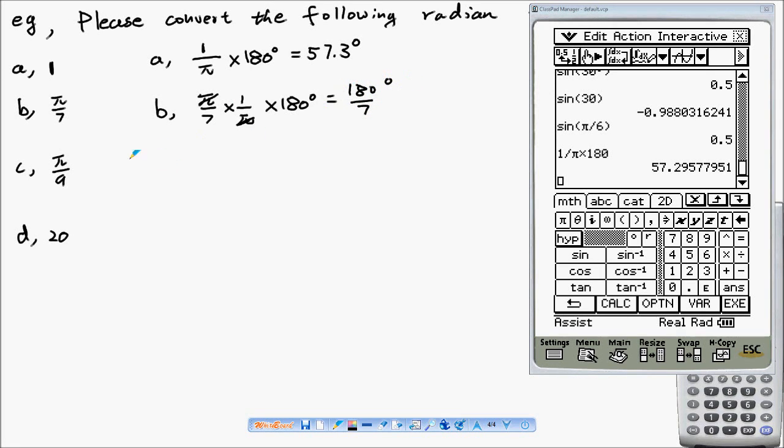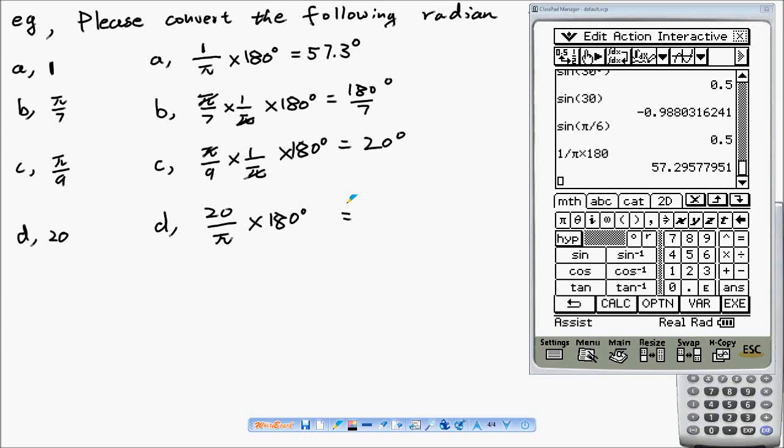In question C, we have pi on 9 divided by pi times 180 degrees. The pi cancels out, and we have 180 divided by 9, which is 20 degrees.